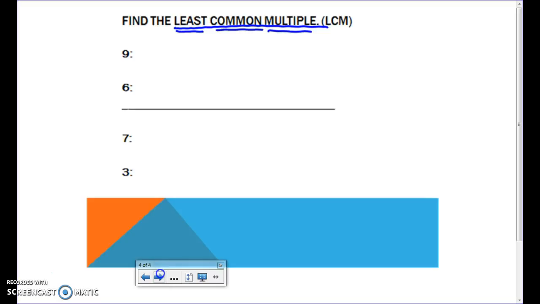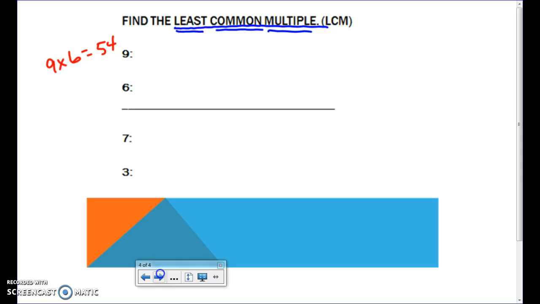So, for instance, 9 and 6. If I'm looking for the least common multiple, we're looking for the smallest number that they both share when you multiply them. Now, sometimes students get a little confused about LCM and think, well, right away I know 9 times 6, 54, must be the least common multiple. But that's not always the case, and you'll see when I write this list.